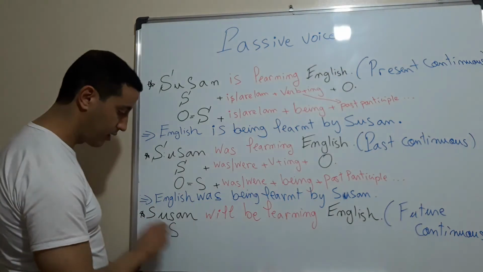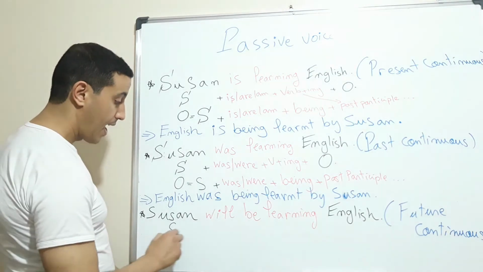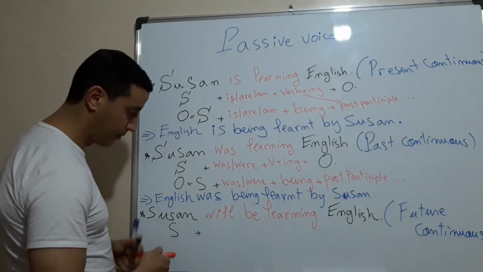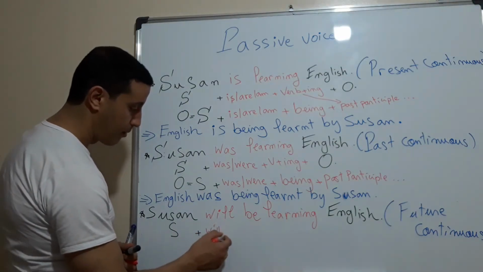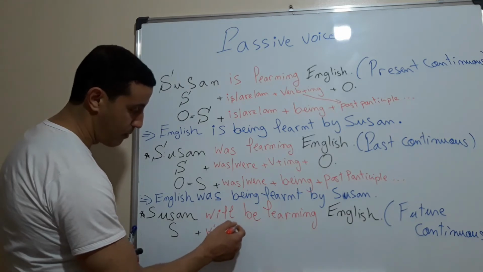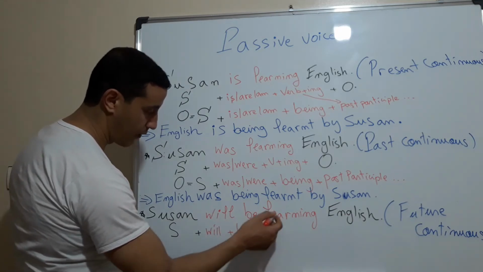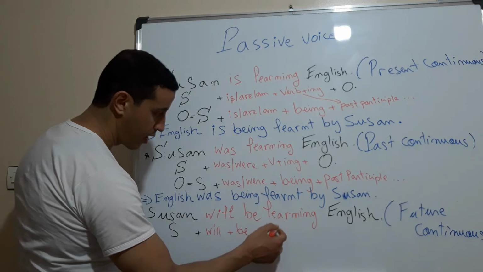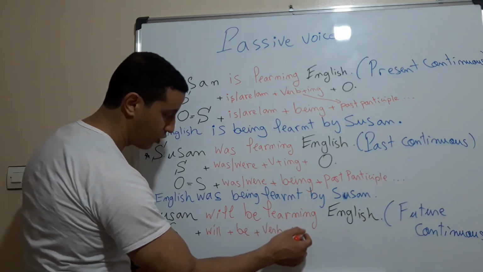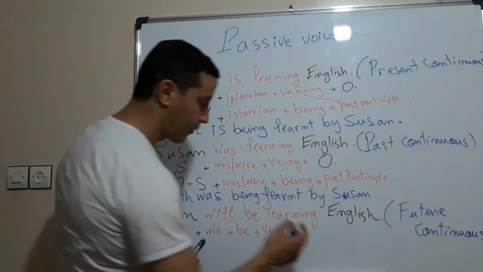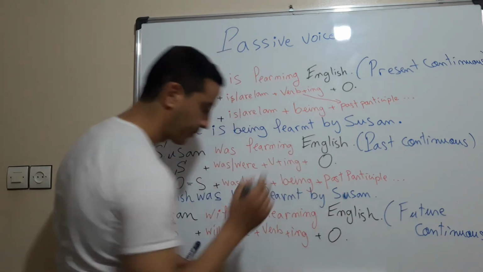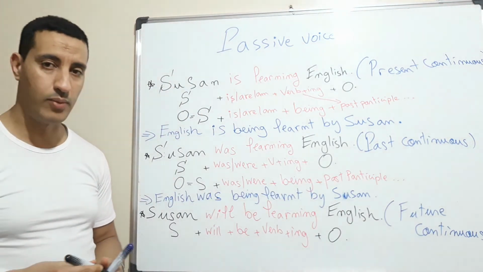We have Susan, Susan is the subject. And then we have will, and then we have be, and then we have learning, verb plus ing. And then we have an object. Okay, is that clear now?